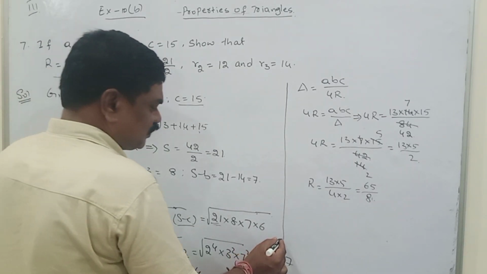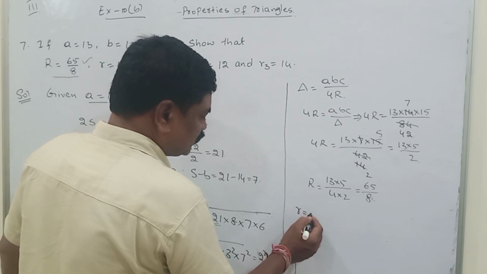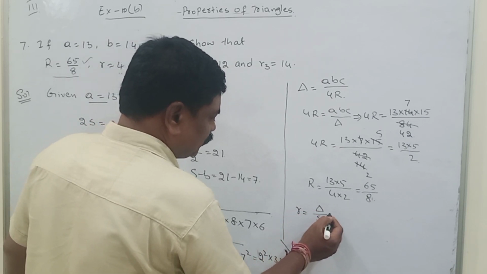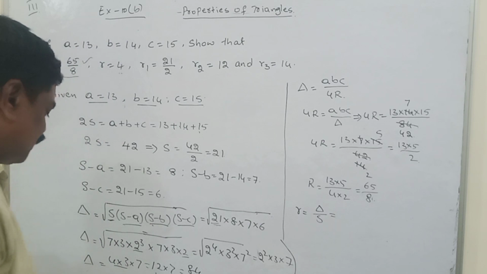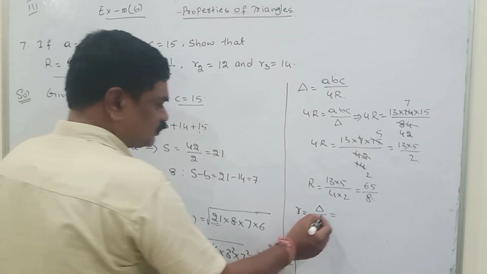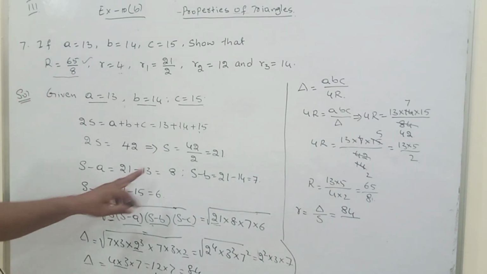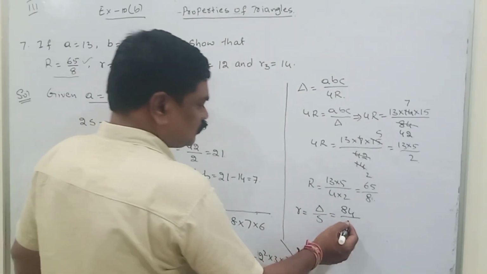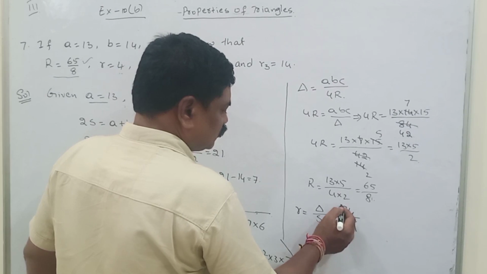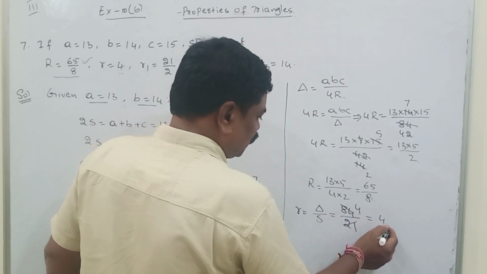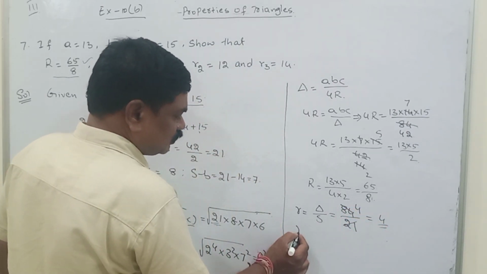But what is small r? Small r is equal to delta by S. What is delta here? 84. 84 by, what is S here? 21. So small r is equal to 4.